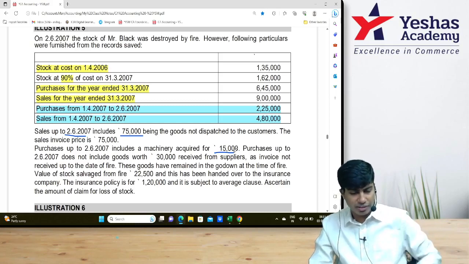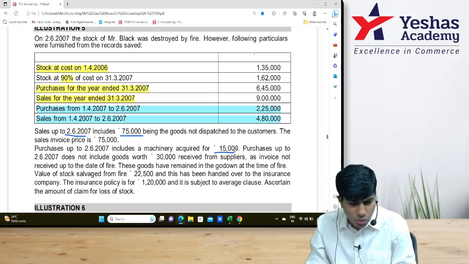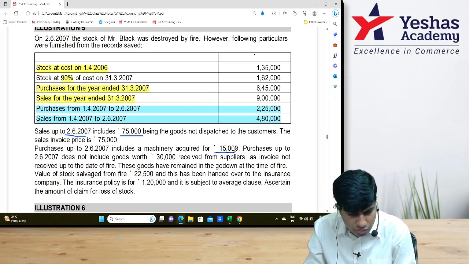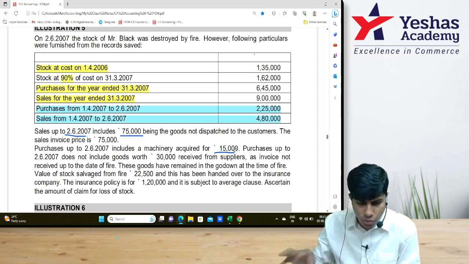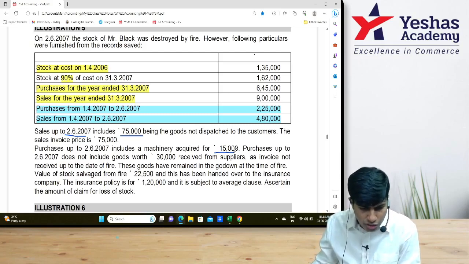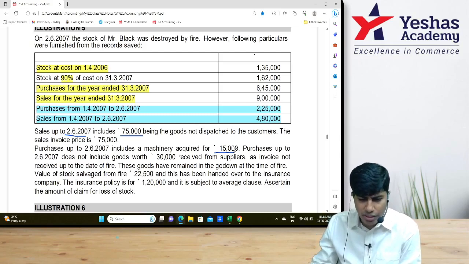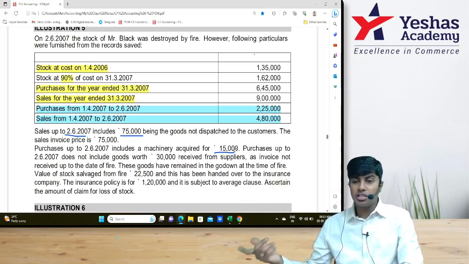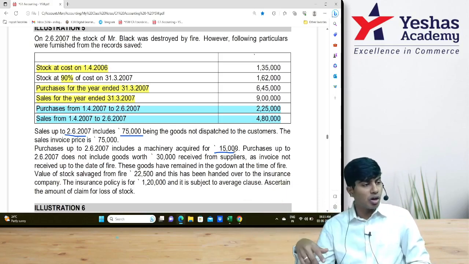What is given after that? Purchase up to the date of fire does not include 30,000 of goods received from suppliers, as the invoice was not received up to the date of fire. So some goods were received and kept in the godown, but the invoice was not received, so the entry would not be made.